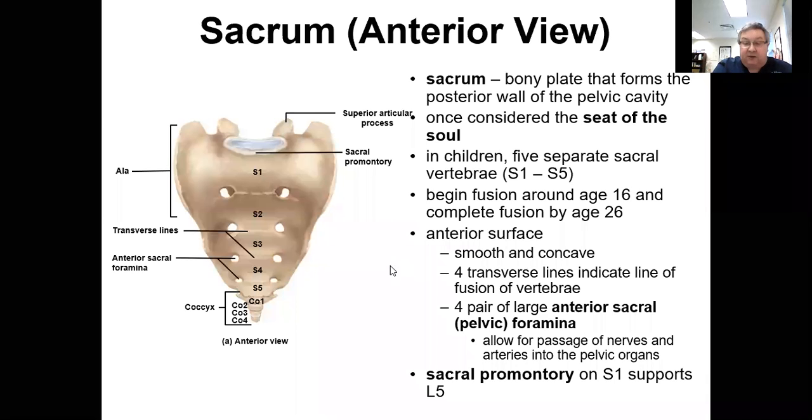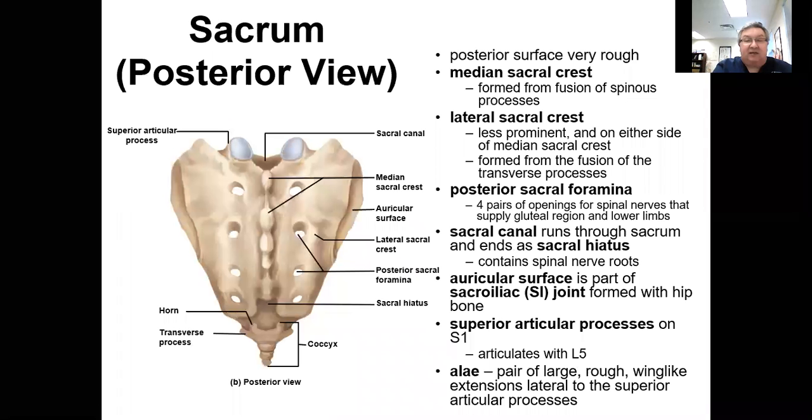On the posterior sacrum, as you can see, it's very, very rough. You can see right in the middle there's a line of bumps. So the anterior sacrum has a smooth portion, and the posterior sacrum has a rough portion.